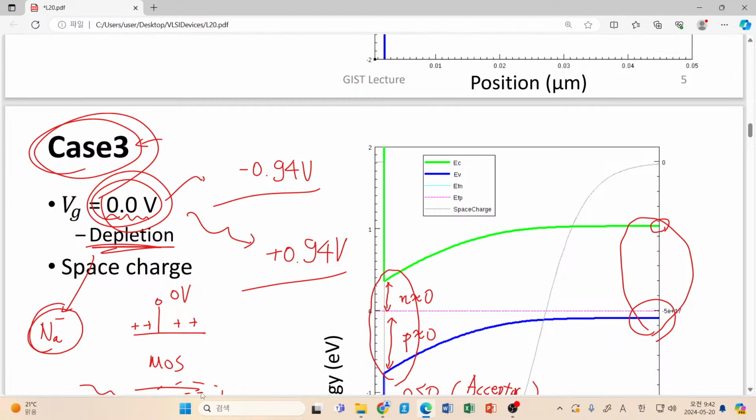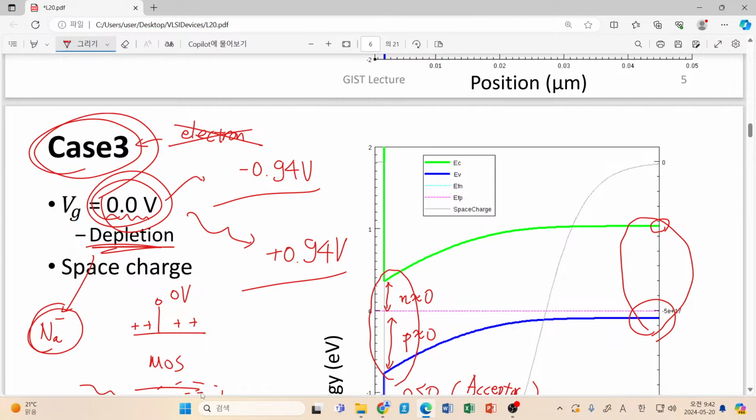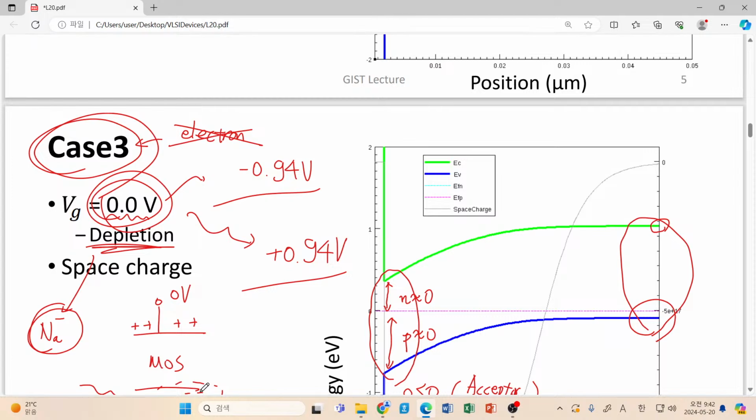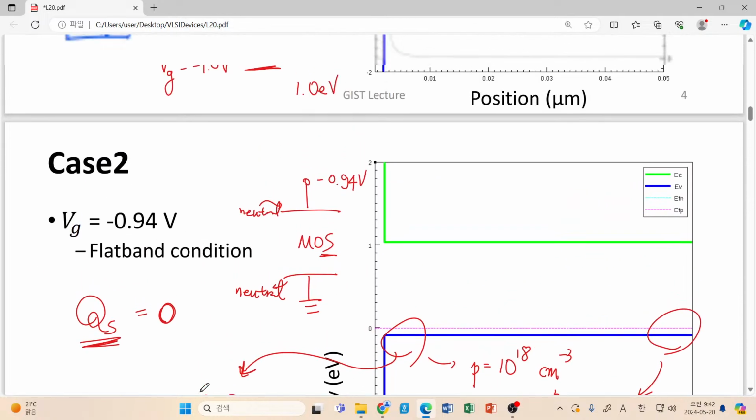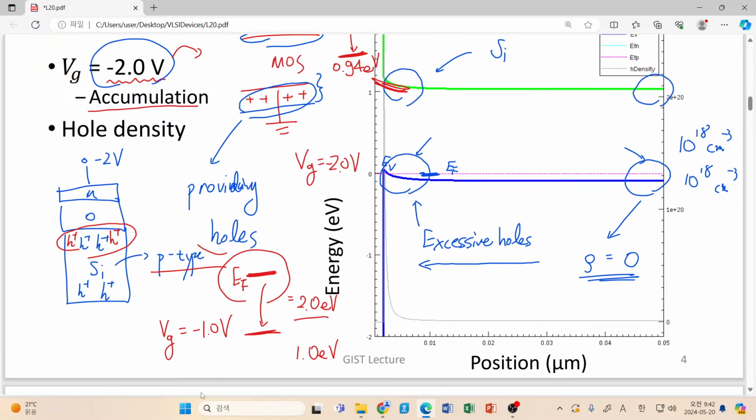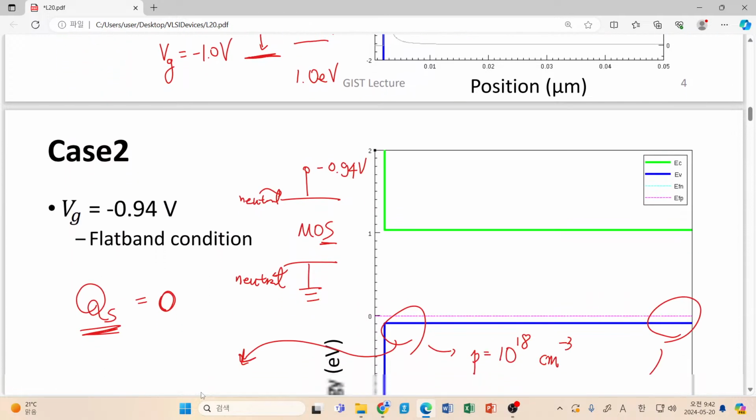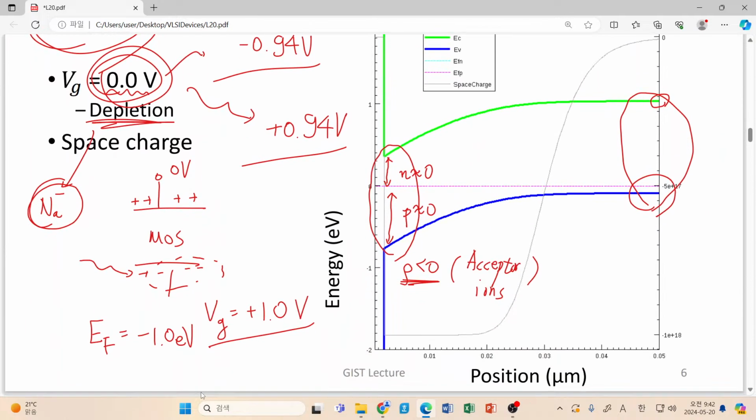In this case, although you apply the voltage, you don't have any electron. Yes, you don't have any electron at all, and there is no mobile carrier. For example, in the case of case 1, you have a lot of holes. Yes, you have many holes. So from the viewpoint of current conduction, case 1 is much more beneficial than our current case number 3.